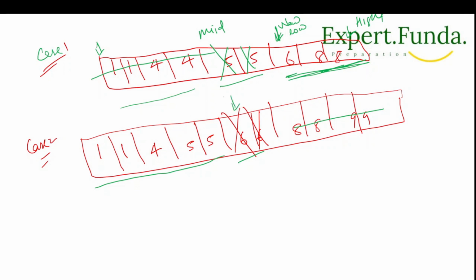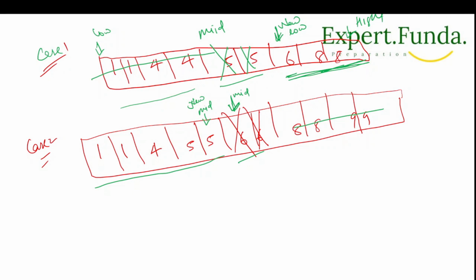Now mid is here, so we have to update the new mid at this position. Previously mid was here. Understanding? So here we are updating our low, here we are updating our mid. You have to understand this case.